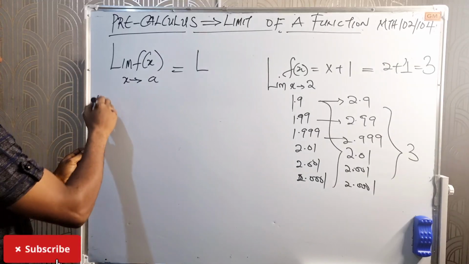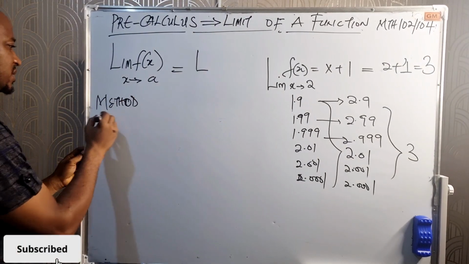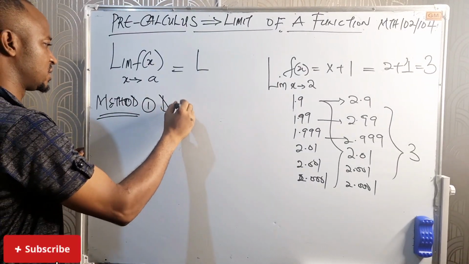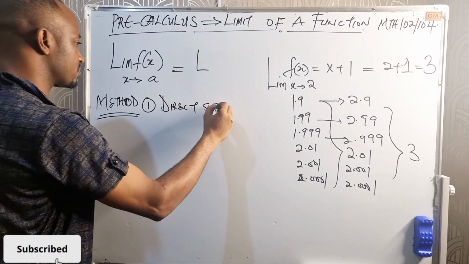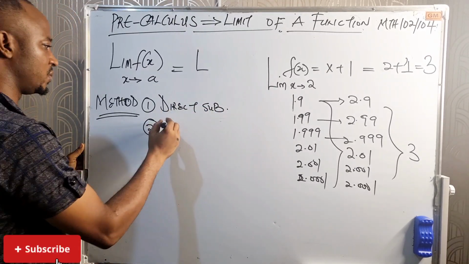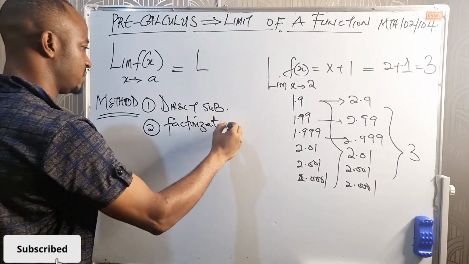Now let's see. We have methods used in finding limits. The first fundamental method everyone must take note of is called direct substitution. Number 2, we have factorization method.